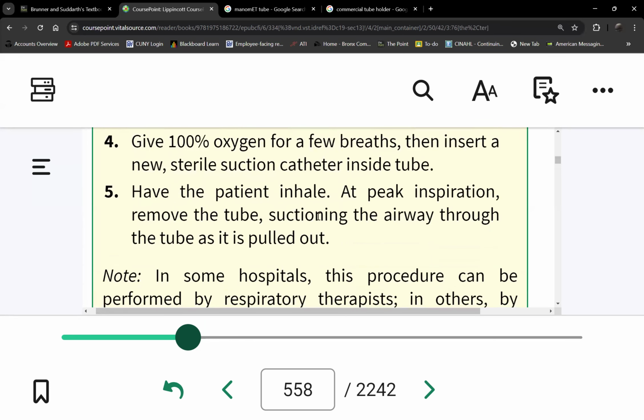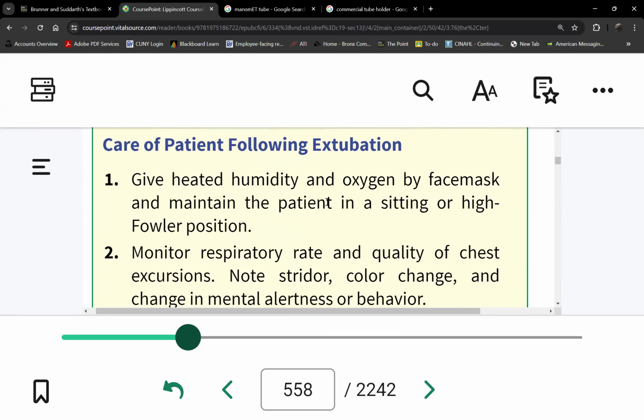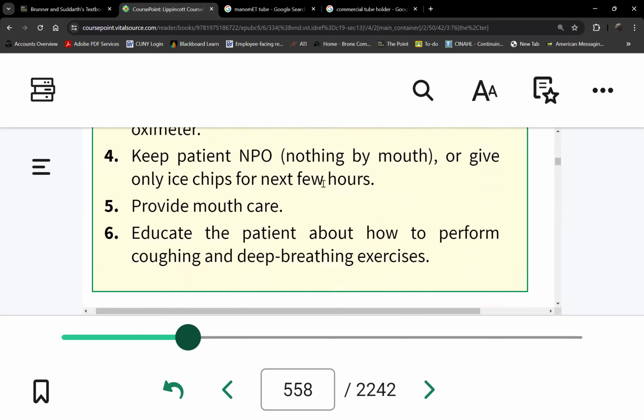We give oxygen and then just watch how they do afterwards. Keep them NPO for the next few hours and then start to introduce ice chips, because the gag reflex may have been affected by the tube.